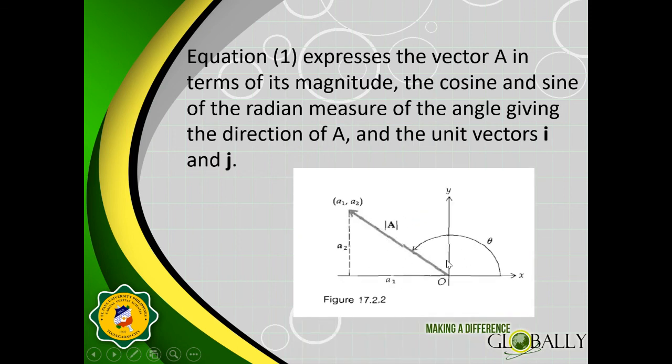Let me show the figure 17.2.2. This is the magnitude of the vector A, and this is theta. Again, this is the magnitude of vector A, and this is theta.